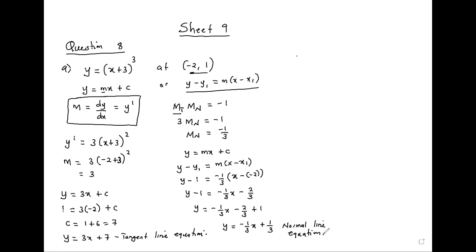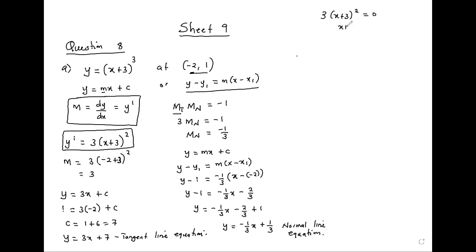And then we sketch. So to sketch this function, we need to have the turning point. So get back the first derivative and equate to 0 for us to find the turning point. So 3(x plus 3) squared is equal to 0.